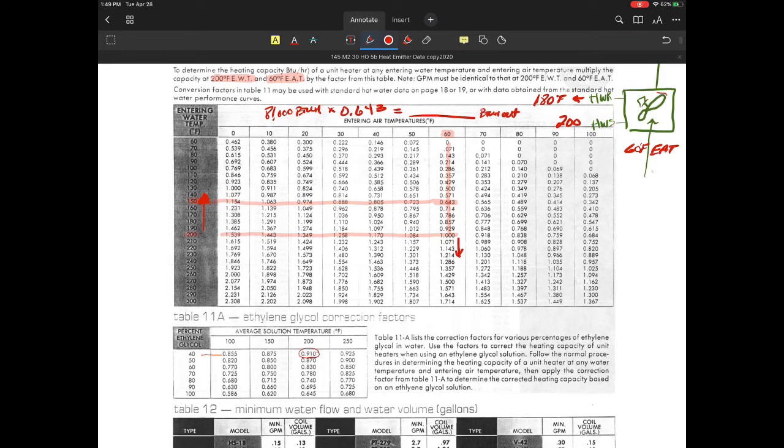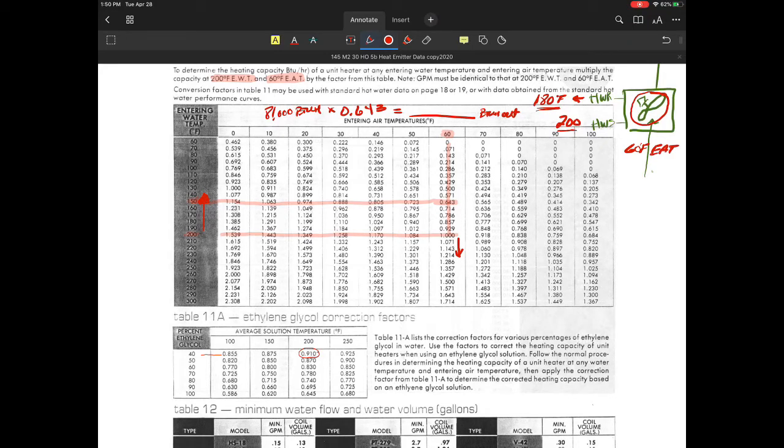If I were to decrease the airflow across this unit heater, if I were to slow that fan down, I actually would get less BTUs. It wouldn't be able to take as much of the heat output between the 200 and the 180. So if I decrease airflow, I lower my output. If I increase airflow, I essentially increase my output, to a point.